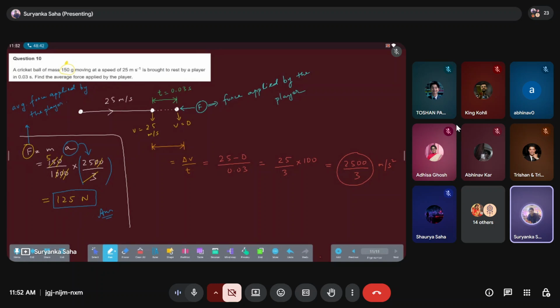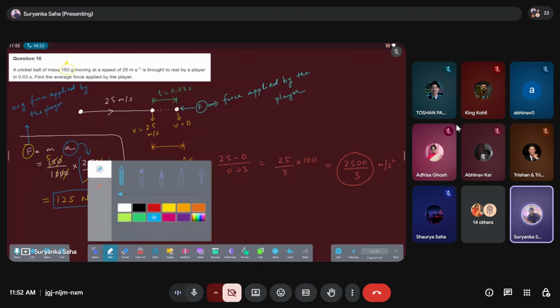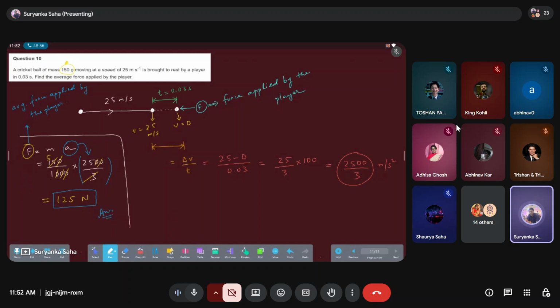Okay, you can write the direction is opposite to the direction of motion of the ball. While writing the answer, you can write: direction of this force is opposite to the direction of the motion of the ball.